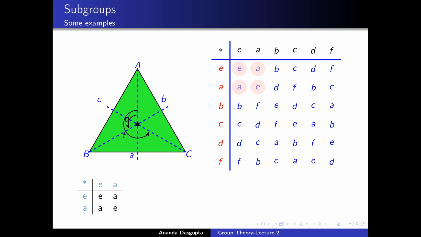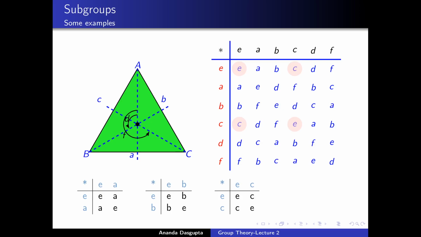Well, if E and A give you a two-element group, it is easy to see that there is nothing so special about A. You could have obtained a two-element group by just taking E and B as well, or E and C. In each case, we end up with a two-element group, and if you look carefully, you will notice that they are essentially the same as far as group theoretical structure is concerned.